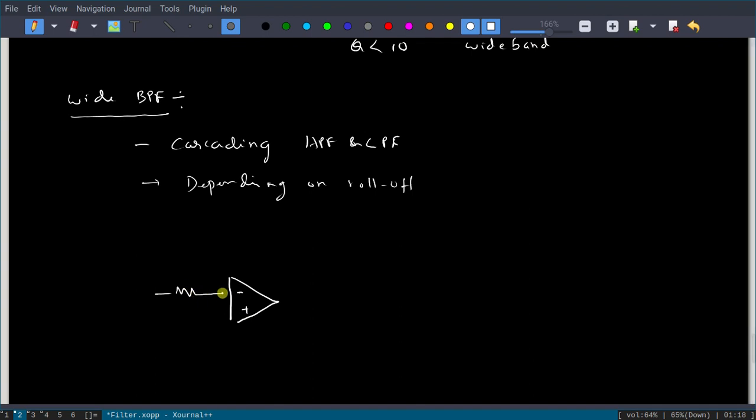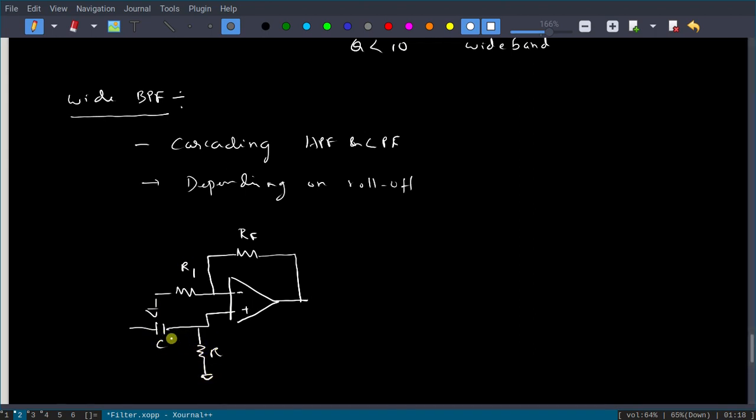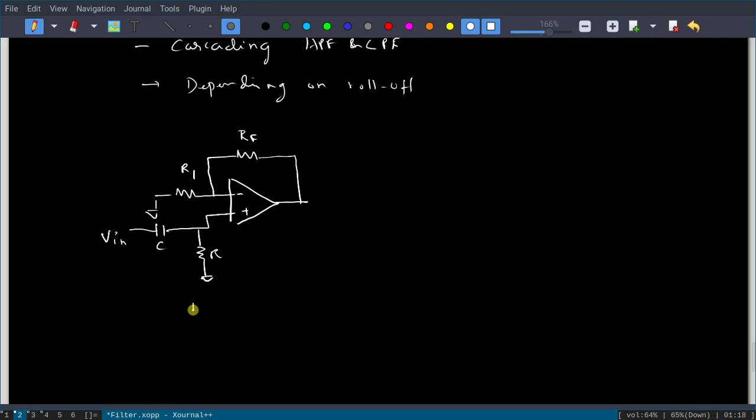So first let us take the high pass filter, where we will call this RF and R1 grounded, and for a high pass filter, first should be C and then R. This is Vin you are applying. So this is a first order high pass filter.